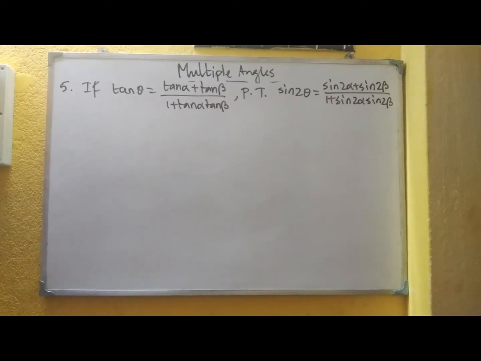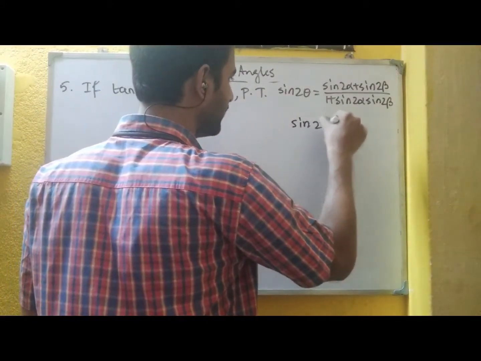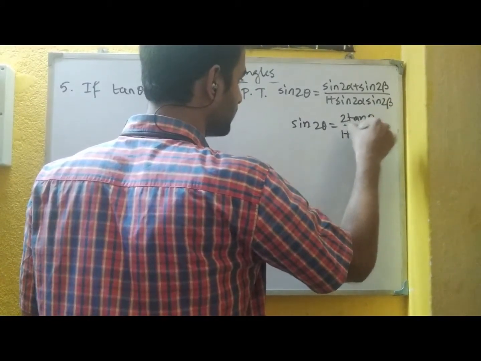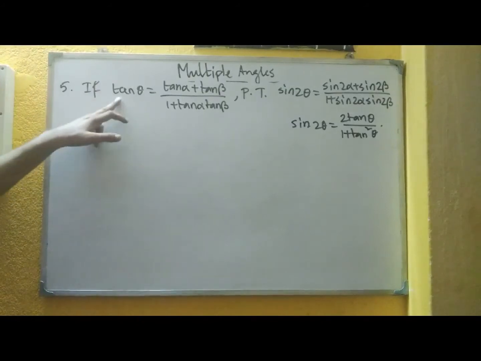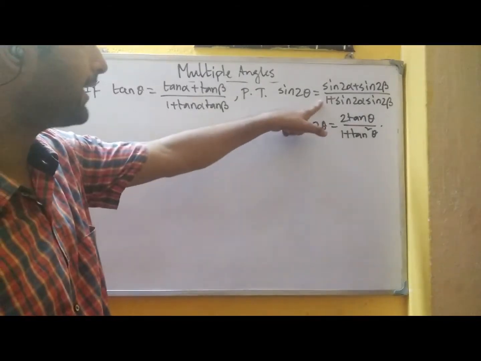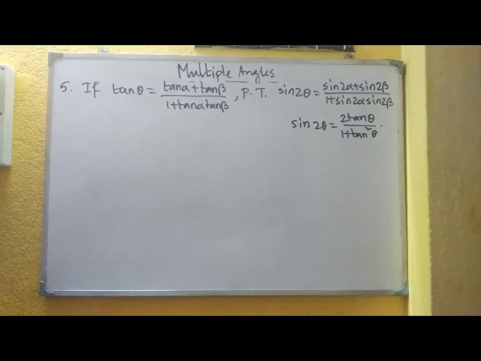Okay, so for this sum, we know that there is a formula of sin 2 theta as 2 tan theta by 1 plus tan square theta. But why are we taking this formula? Because we have tan theta given. But in the proof, we need all sin and cos, so that we can apply sin 2 alpha.